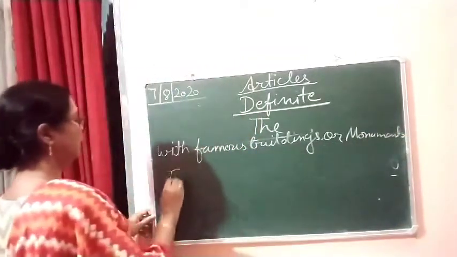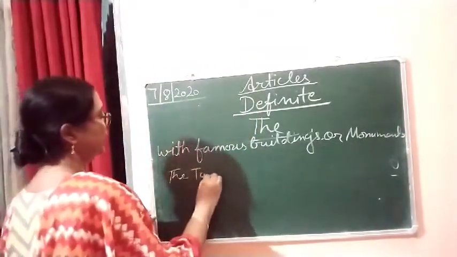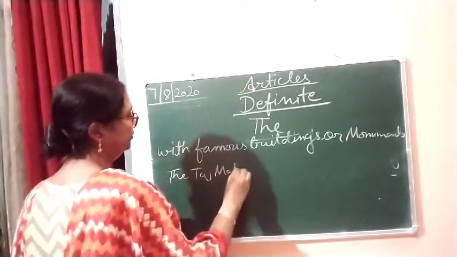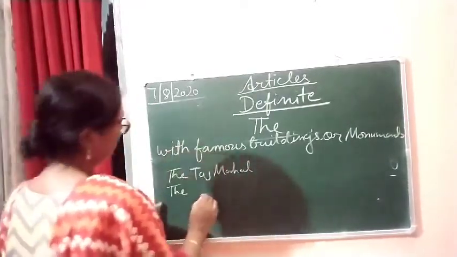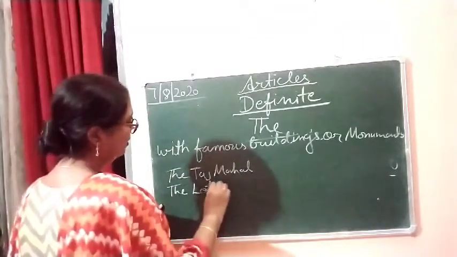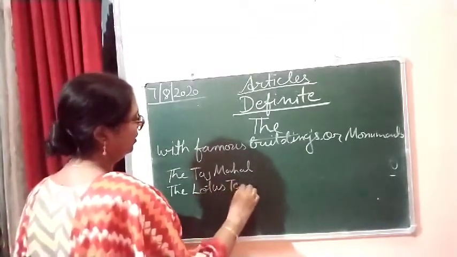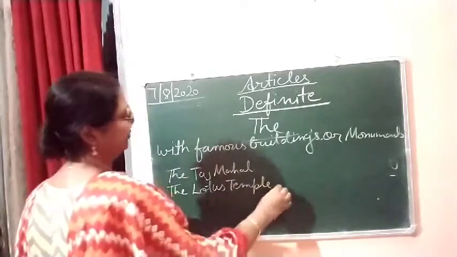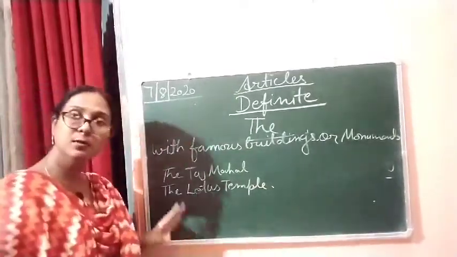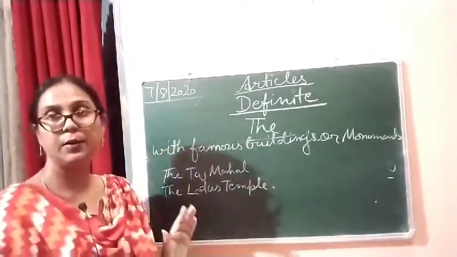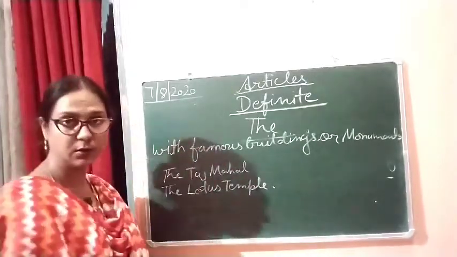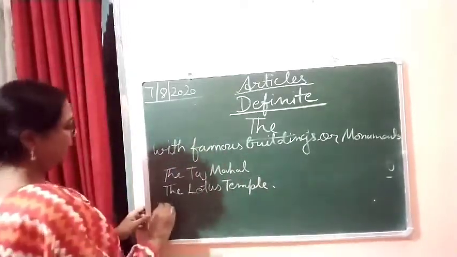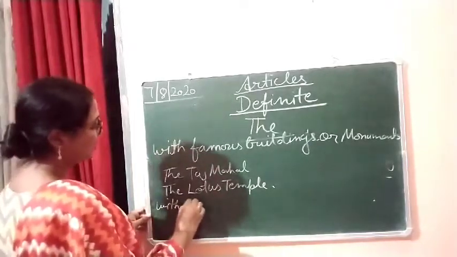For example, the Taj Mahal, the Lotus Temple. It is always used with famous monuments and famous buildings. With religious books also.